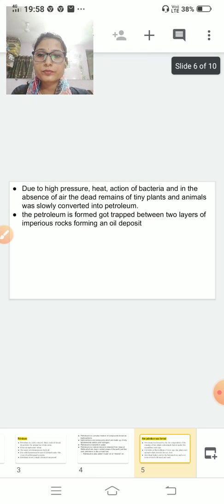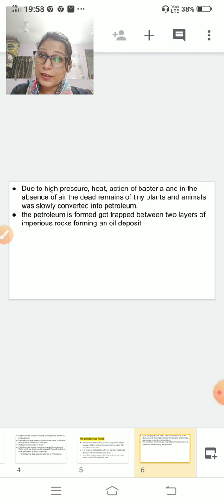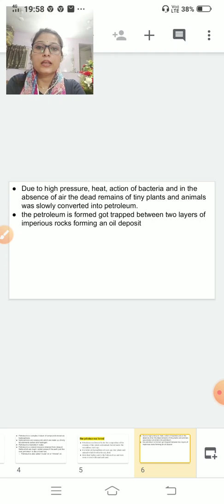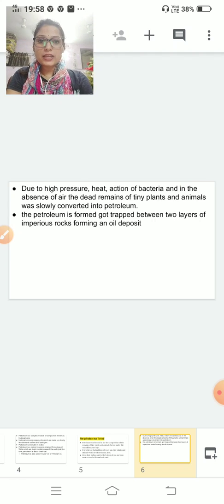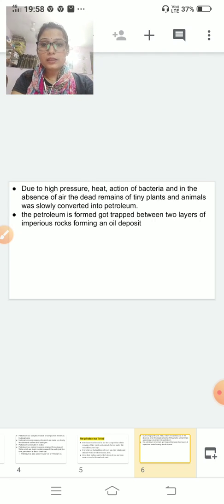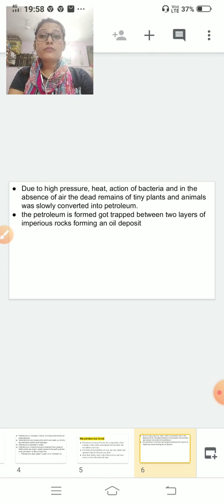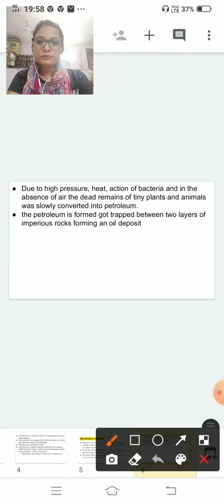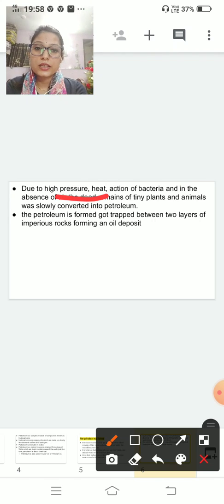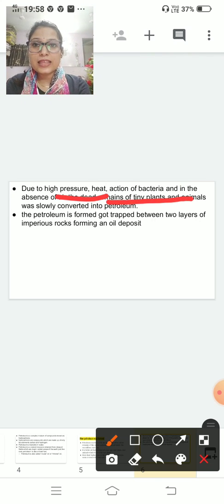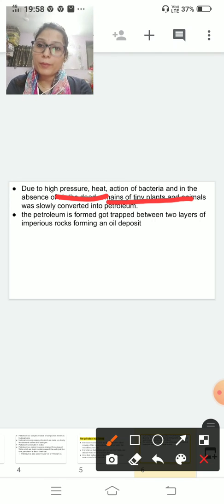Now, due to the high pressure of the mud and sand, the heat, and the action of bacteria, and in the absence of air, the dead remains of tiny plants and animals start decomposing and convert into petroleum.